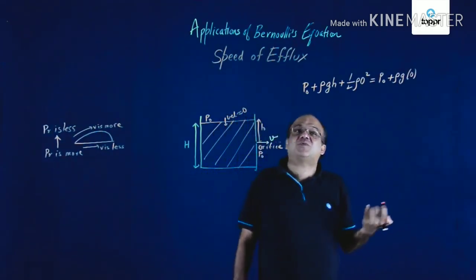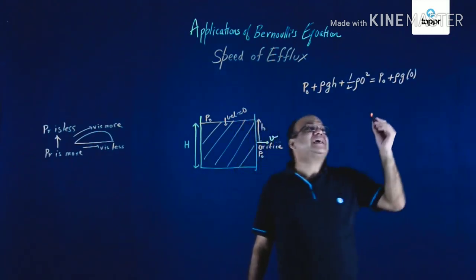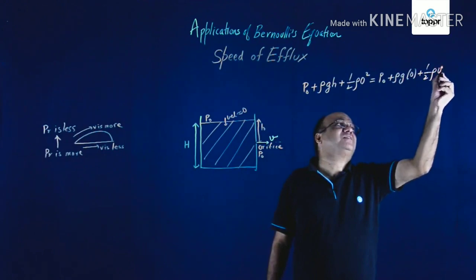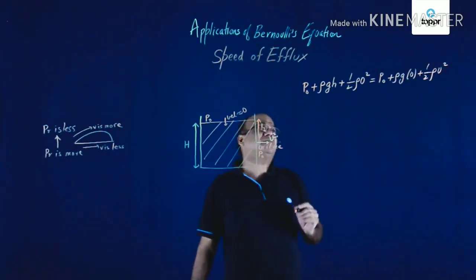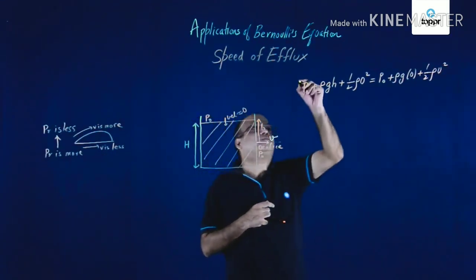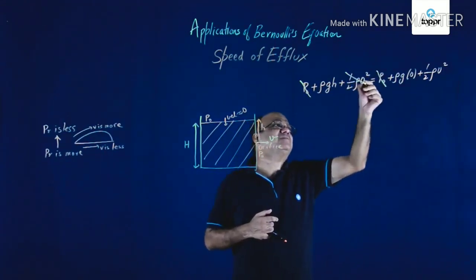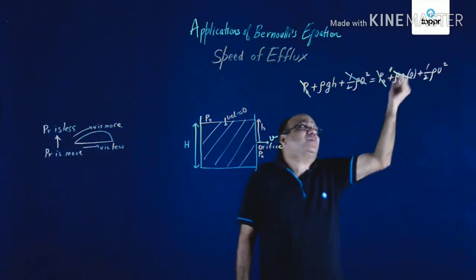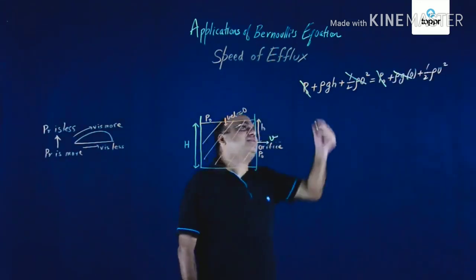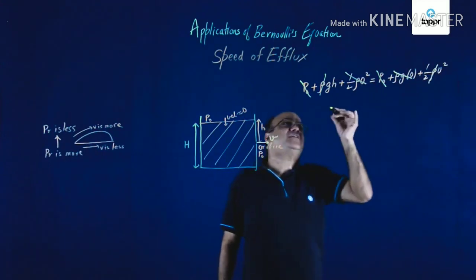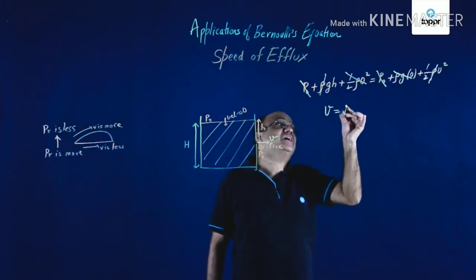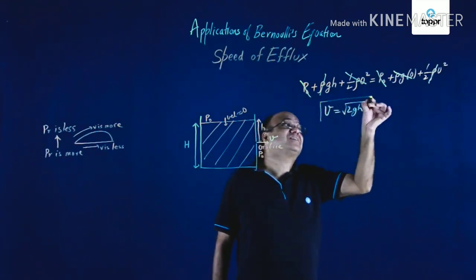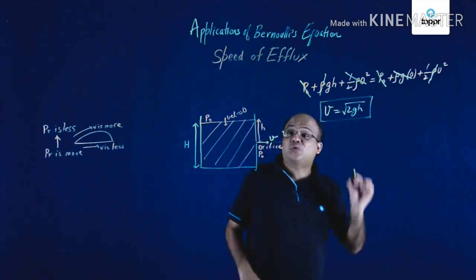The actual height is not important, the difference is. Now P0 cancels, the term with 0 squared is 0, the rho g times 0 term is 0, and rho cancels from both sides. So v becomes root 2gh. This is the speed of efflux: v equals root 2gh.